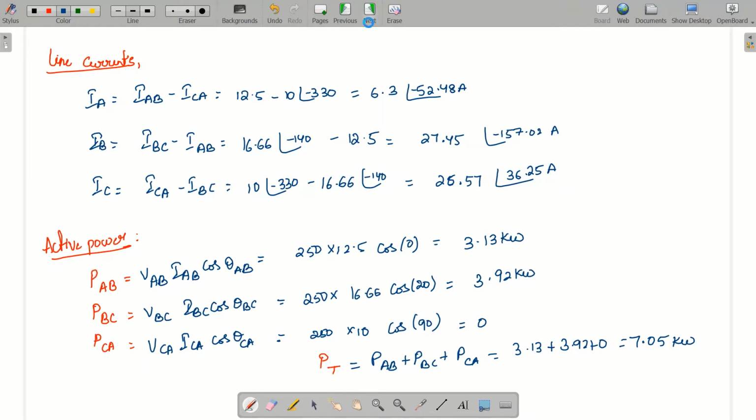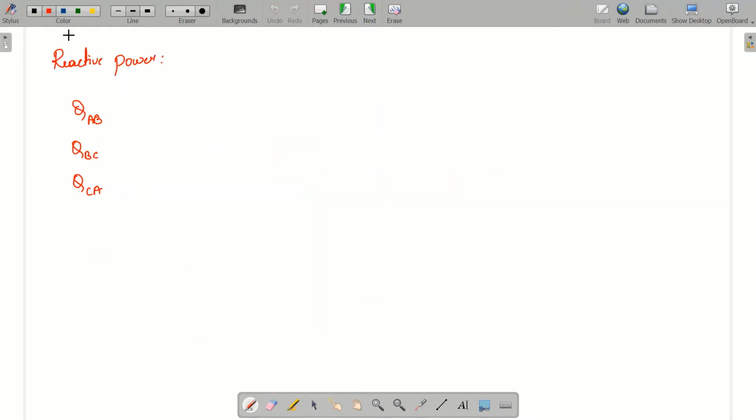So reactive power: VAB into IAB into sin theta AB, VBC IBC sin theta BC, VCA ICA sin theta CA.